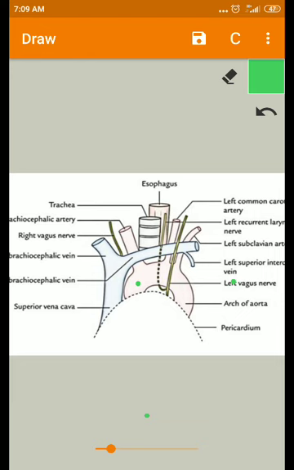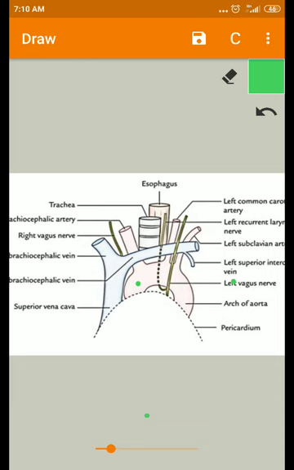Also the thoracic duct is present on the left side of the esophagus in the superior mediastinum. The lymph nodes are also present at the sides of the trachea, called paratracheal.